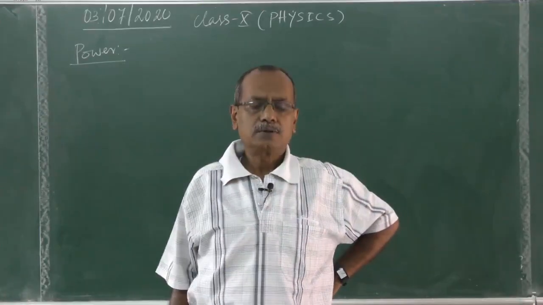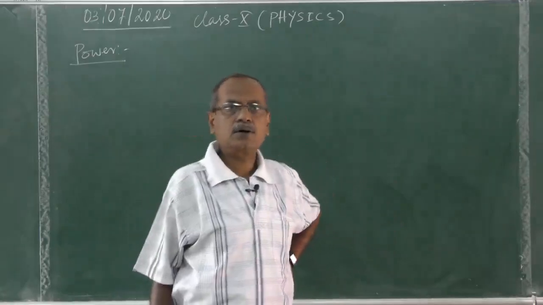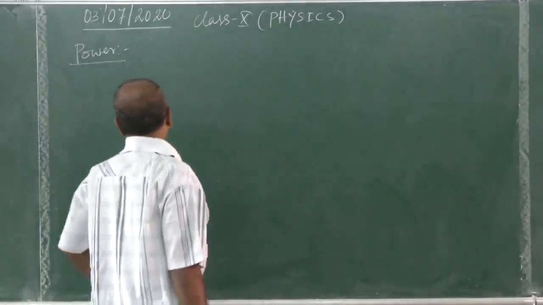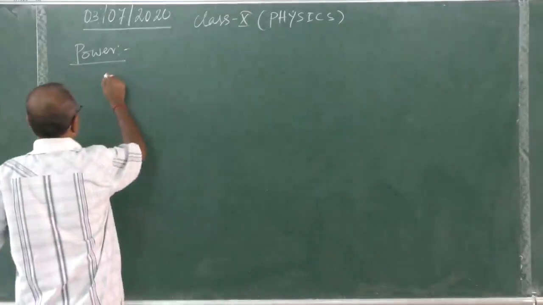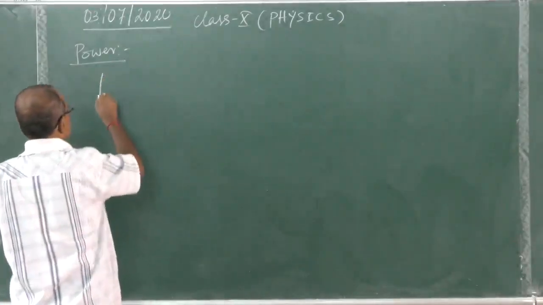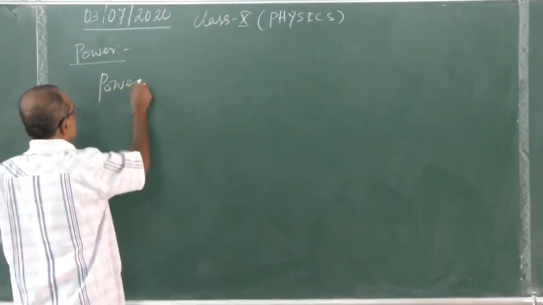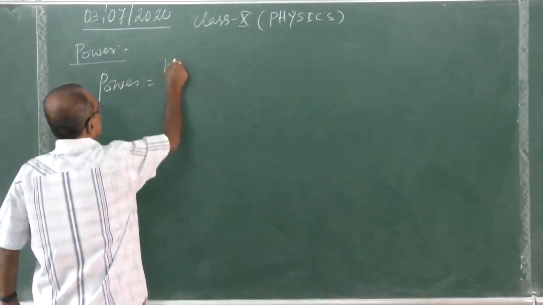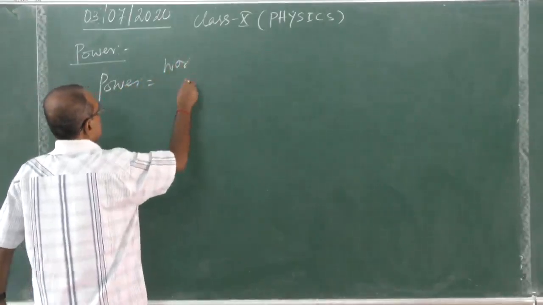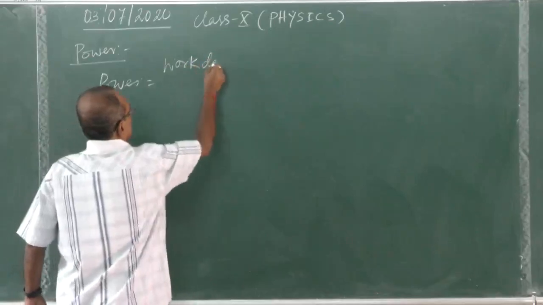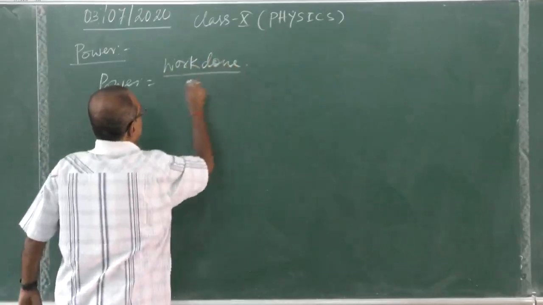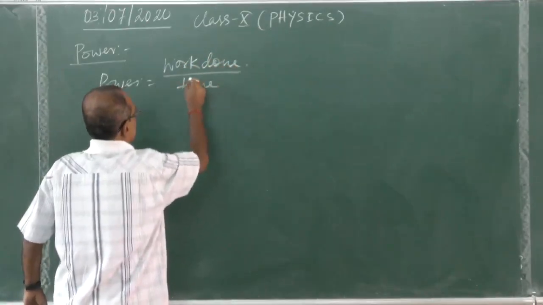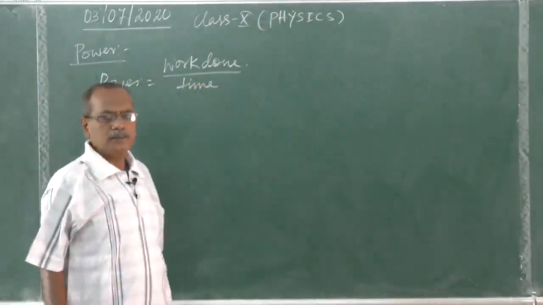Rate of doing work is called power. The rate of doing work means power is equal to work done by time.